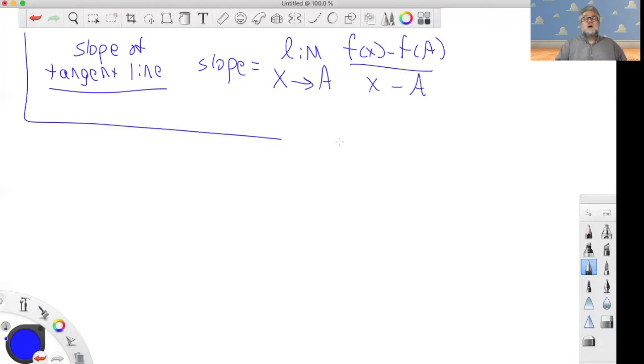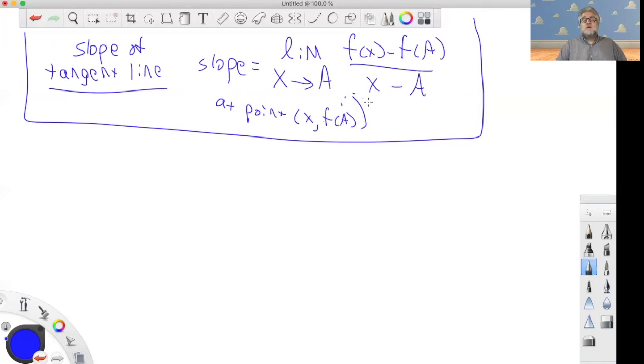This is how we're going to find the instantaneous slope, or the slope of the tangent line to a curve at the point A. So this point is going to be the x coordinate, and the y coordinate is going to be f of a. Hey, look at that. That's right there. Imagine that.